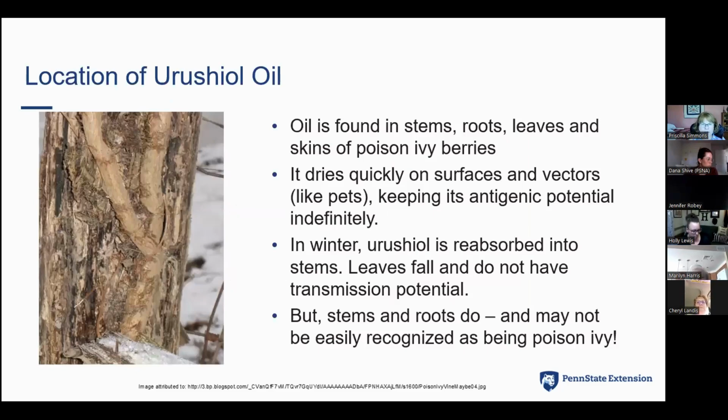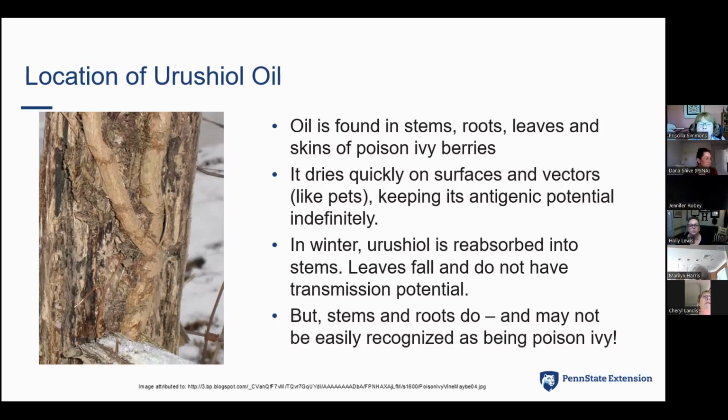The culprit in a poison ivy reaction is called urushiol. It is an oil and it's found in the leaves, most commonly in the summer, but also in the stems, the roots, and the skin of the berries. It dries very quickly on surfaces, and vectors can bring it to you, like your beloved pets.